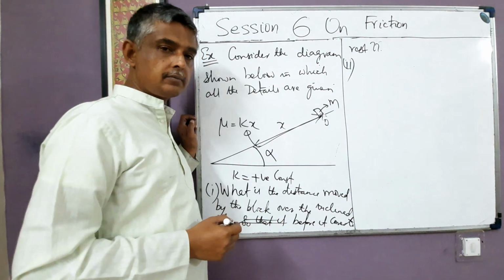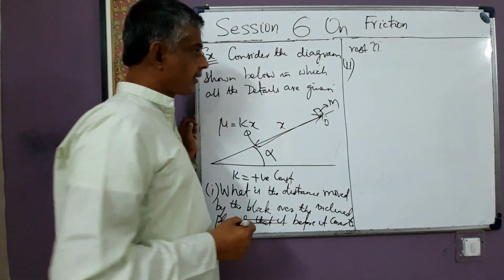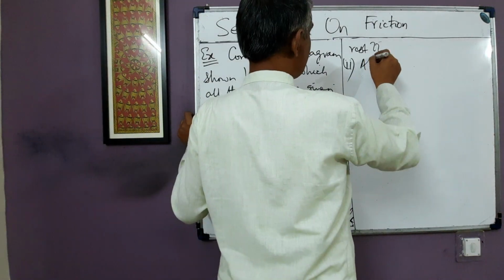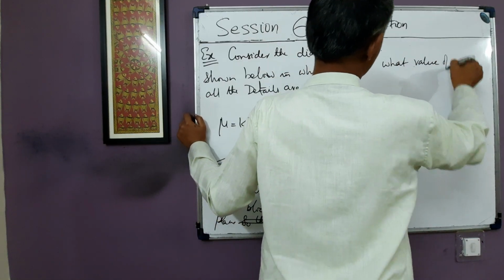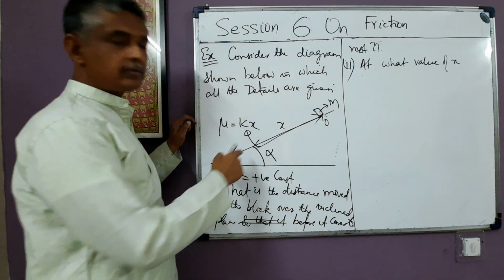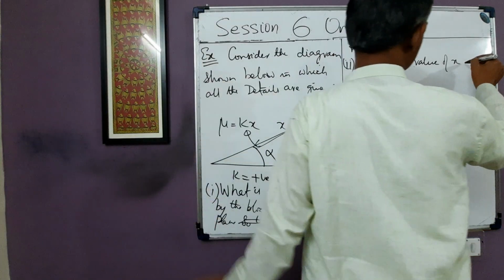What is the second part? Second part is this. At what value of x is the speed v of the block maximum?